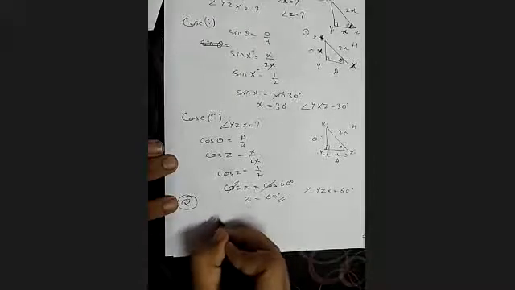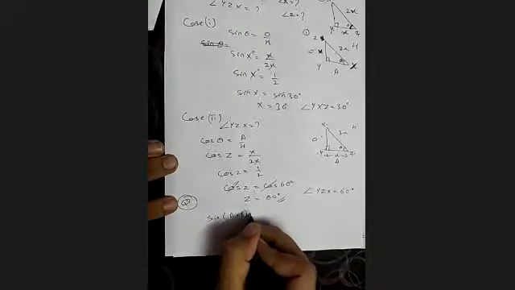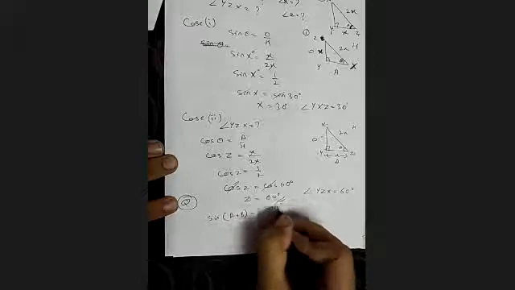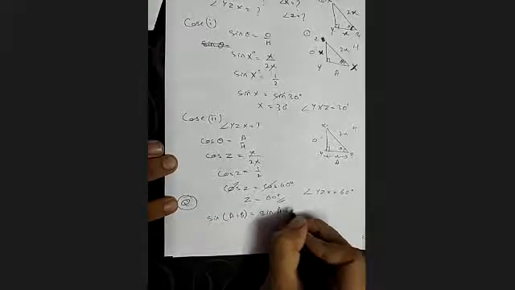Next. Is it right to say that sine A plus B is equal to sine A plus sine B? Justify your answer. Can you say that sine A plus B is equal to sine A plus sine B? In a triangle, sum of all the angles will be 180 degree.